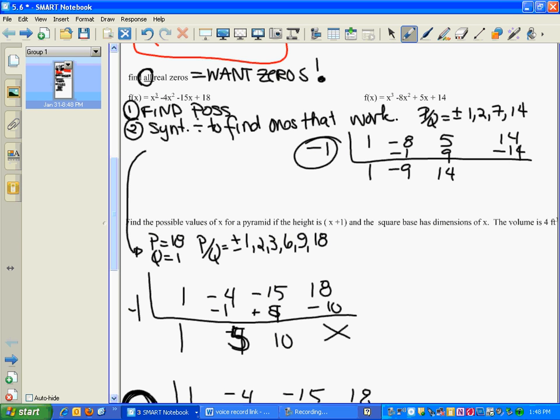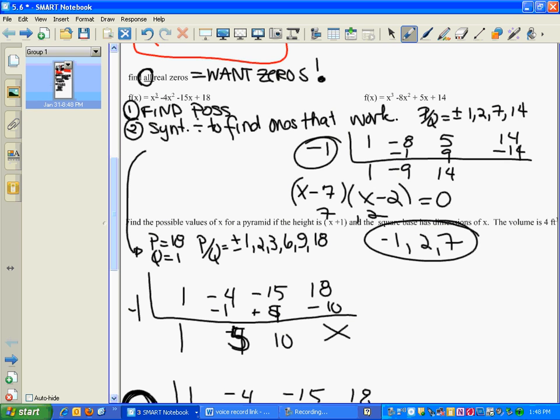I got -1 works. But you might have picked a different random number. So that means -1, 2, and 7 are my zeros.